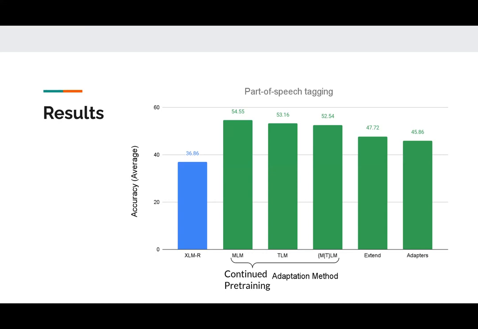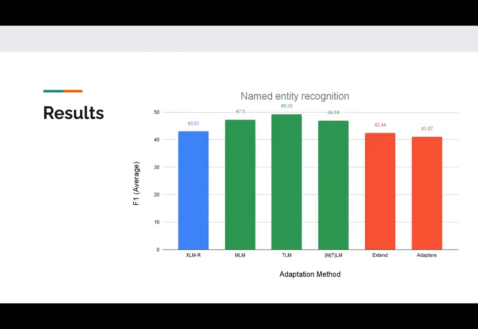Part of speech tagging is what I would personally consider the easier of the two tasks. The second task we considered was named entity recognition, where interestingly, vocabulary extension and adapters actually harmed performance relative to the baseline. The only way we were able to improve performance was by doing the continued pre-training.